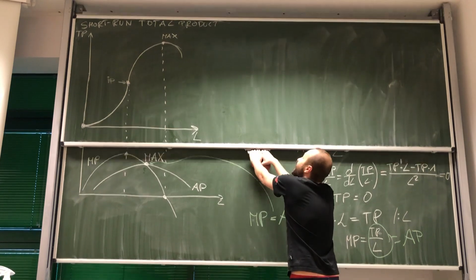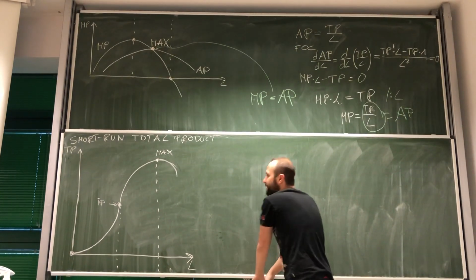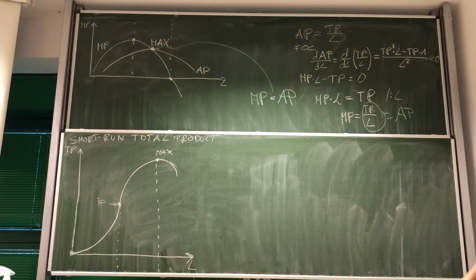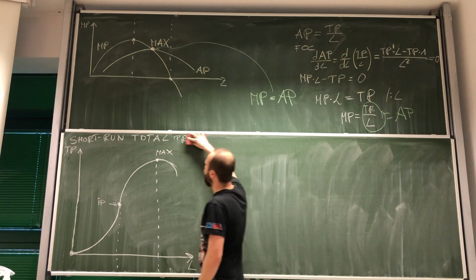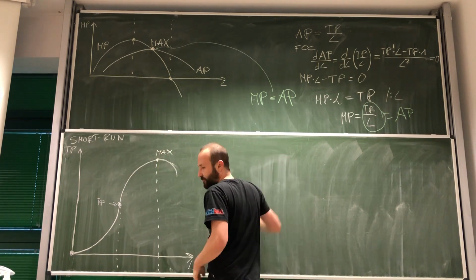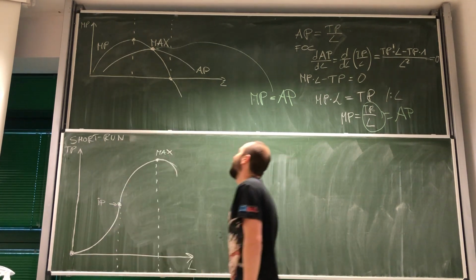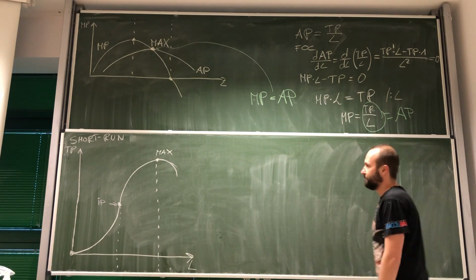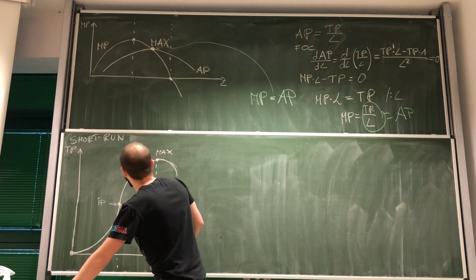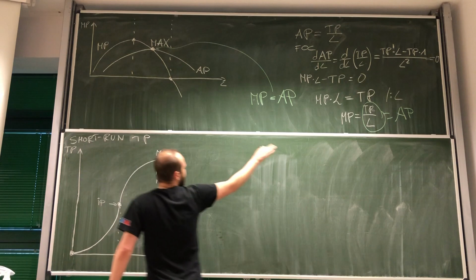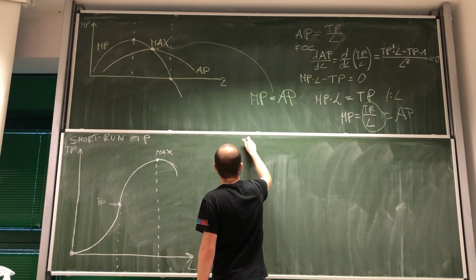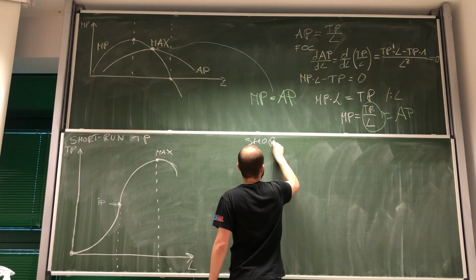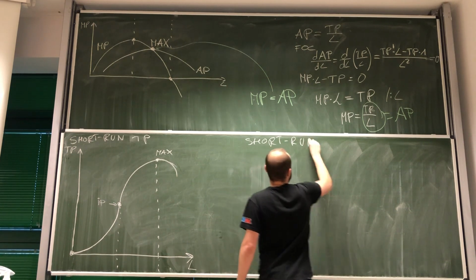Okay, now let's repeat exactly the same exercise that we did here, but for a different function. Now, instead of having short-run total product, we're going to have short-run total cost.